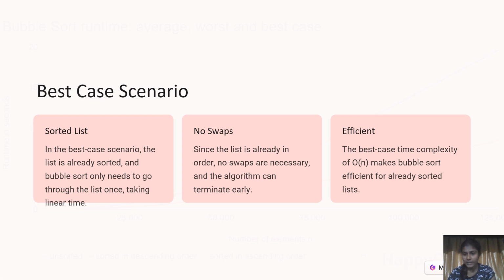Efficient. The best case time complexity of O of n makes bubble sort efficient for already sorted lists.